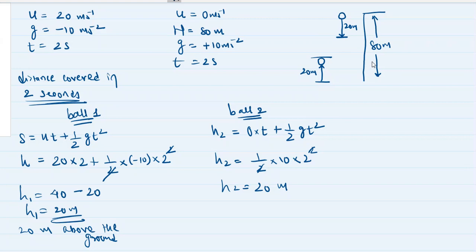And the total height is 80 meter. So if you subtract 20 plus 20, 40 from this 80 meter, what will you have left? You will have 40 meters left. That means the answer to the first question is 40 meter, I think so.